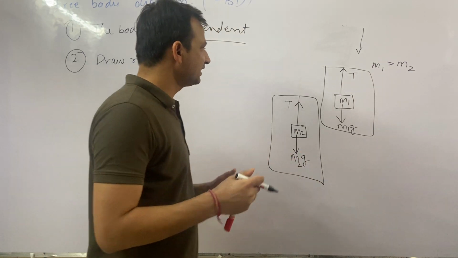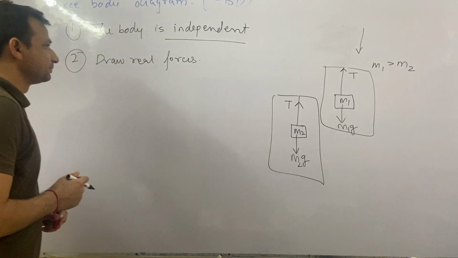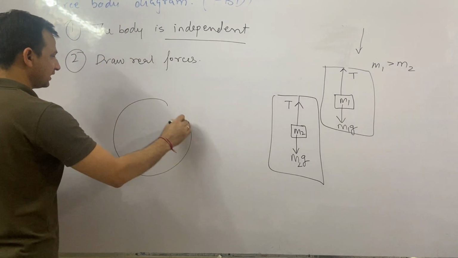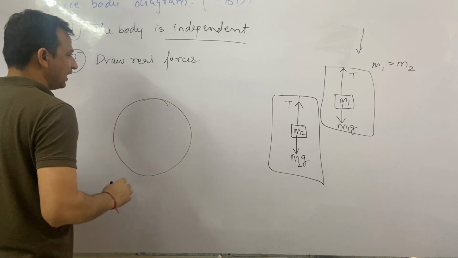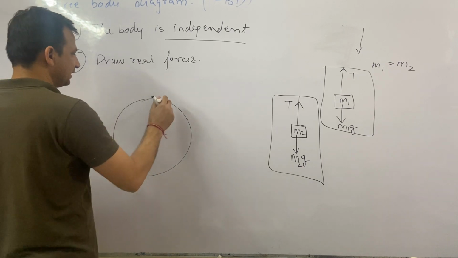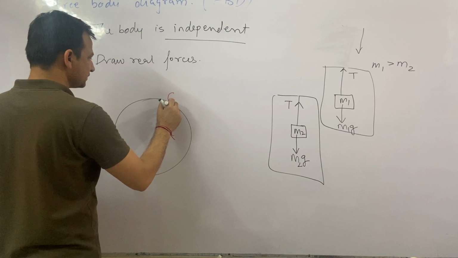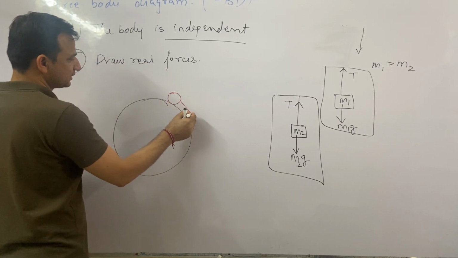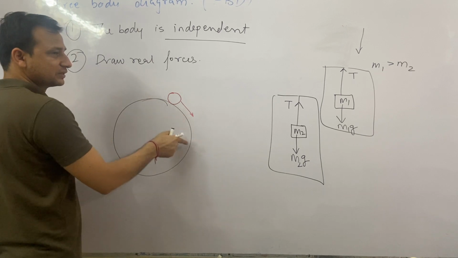Now take another example of a free body diagram. Imagine this is a circle, and on this circle here is a mass which is rolling down this circle.